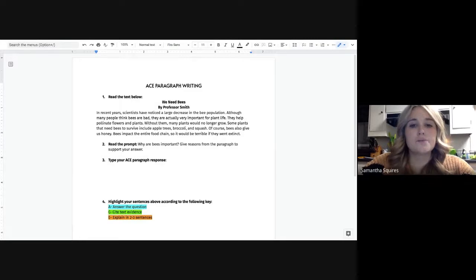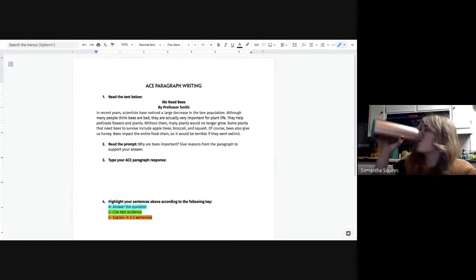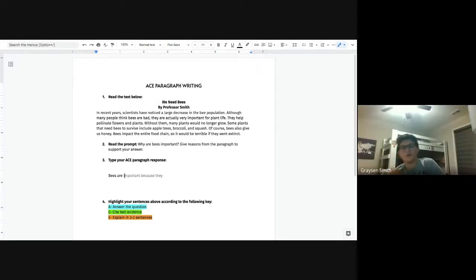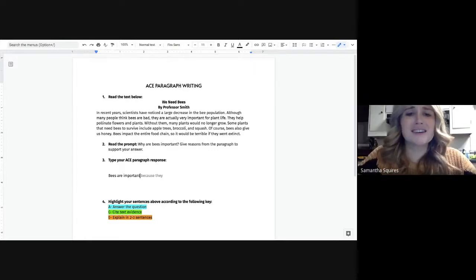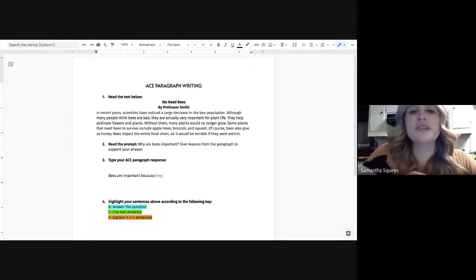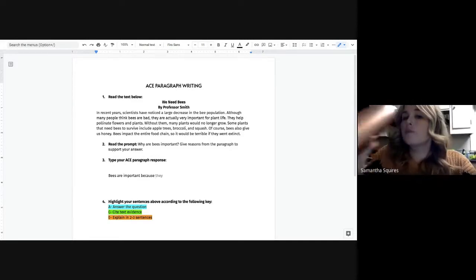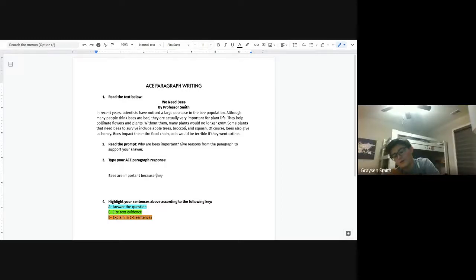Now, if we were to do this, and I was going to start with restating my question, it says, why are bees important? How could we just restate our question really quick before we get into it? Bees are important because. Yes. And what would you say from that little paragraph? Bees are important because why? They help the environment.